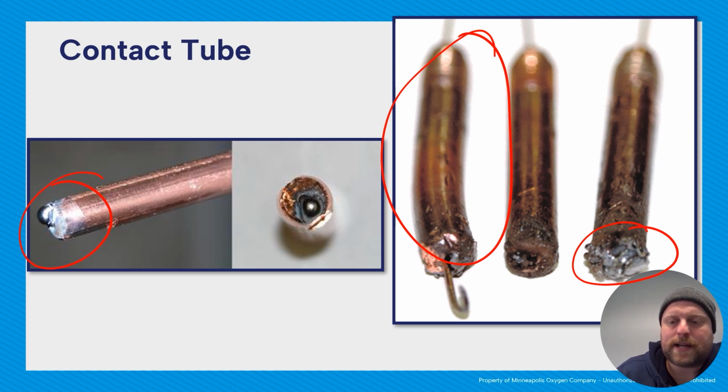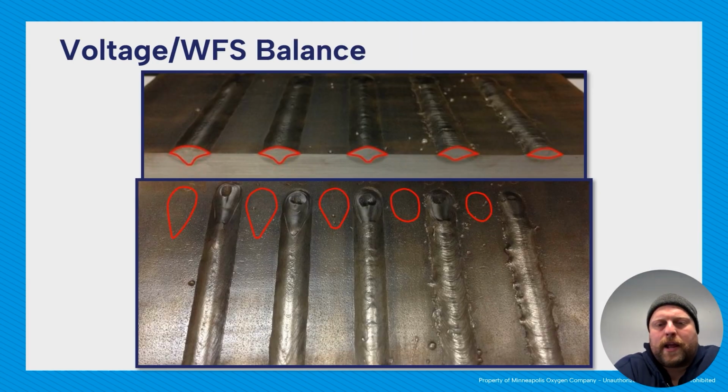So adjust those settings. All right, and then finally here we have a slide that shows a bit of the voltage and wire feed speed balance I was talking about and how it can affect the appearance of the weld and your penetration. So let's say wire feed speed would be lower on this end, and higher on this end. And then it would be the opposite for voltage.